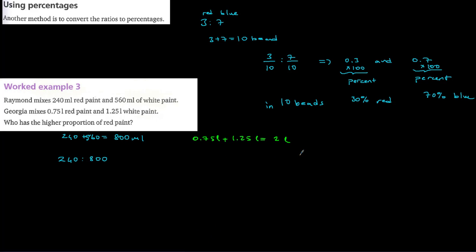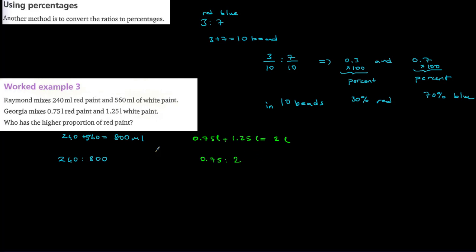Okay, so the answer is 2 liters, and the ratio red to all is going to be 0.75 liter to all, which is equal to 2 liters. 0.75 to all is equal to 2.